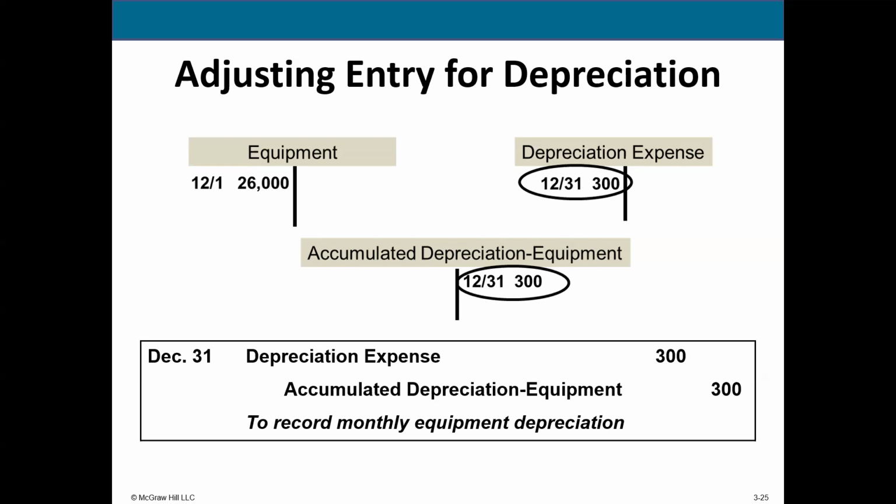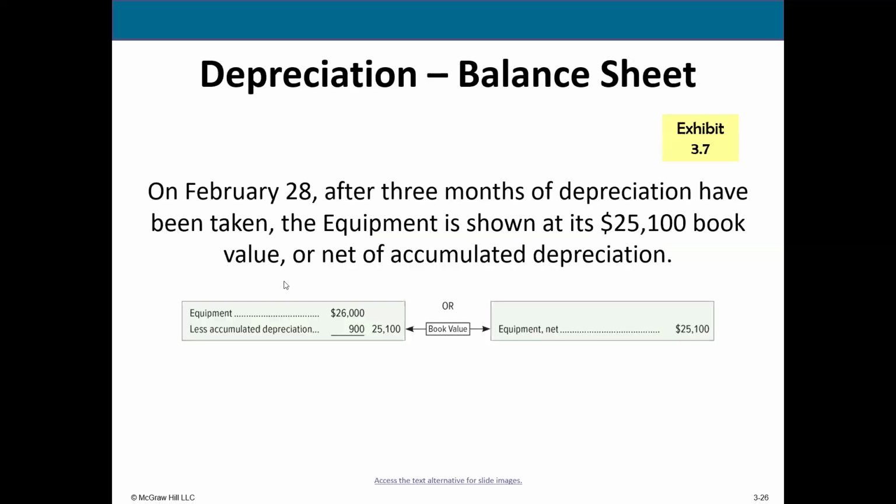So once accumulated depreciation balance reaches 18,000, I could either sell the asset, or keep it on my books and continue to use it. I would just need to treat it as an expense moving forward.